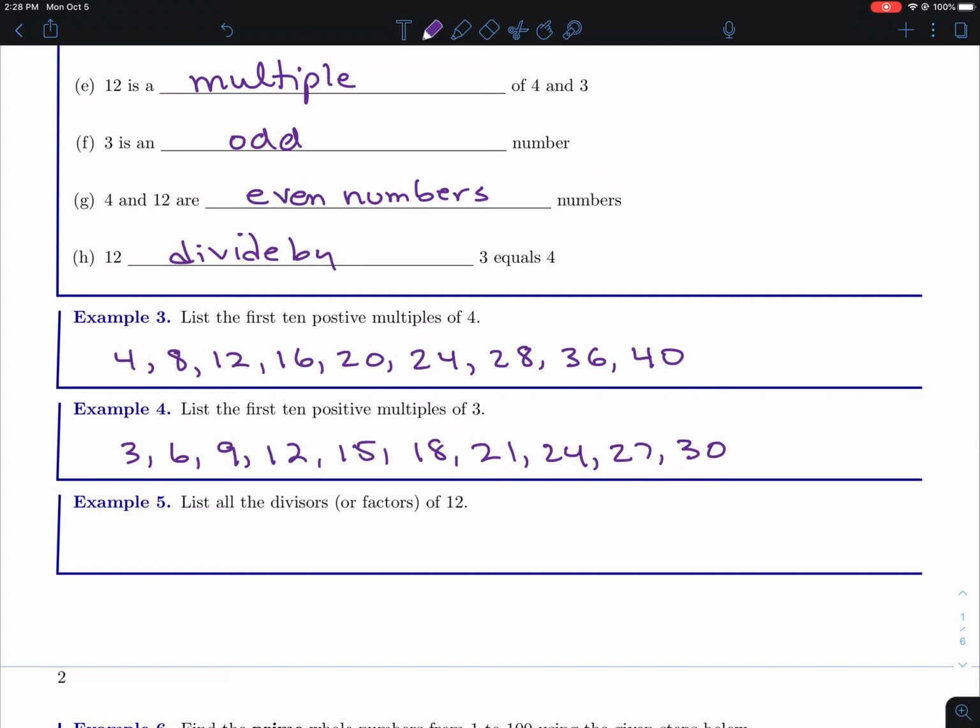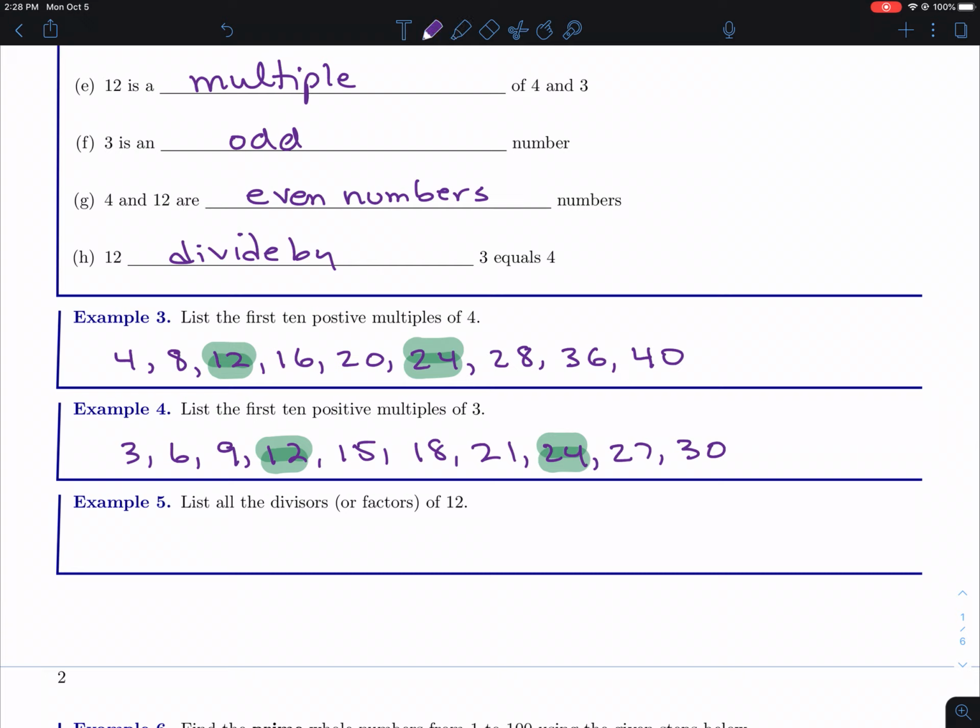So if we kind of look on our list, are there things that appear in both of these lists? So I can see that there's a 12 in this list, there's a 12 in this list, there's a 24, there's a 24. And if we kept going, there'd be more and more of these multiples that they had in common.